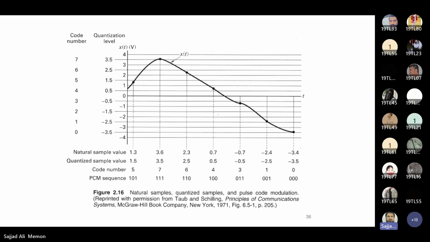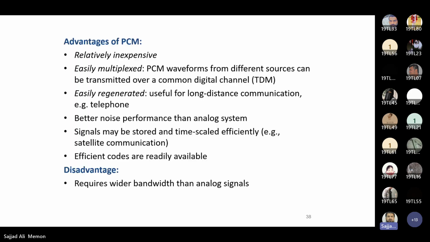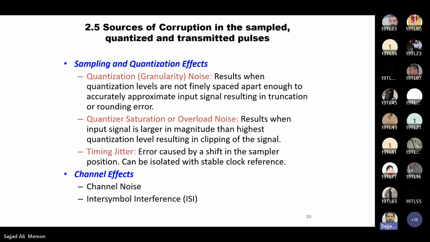There is no voltage level available at 4.5, so we have to consider this 4.5 as 4. That means 0.5 volt will be truncated or clipped. That is another type of quantization error, called quantizer saturation or overload noise.